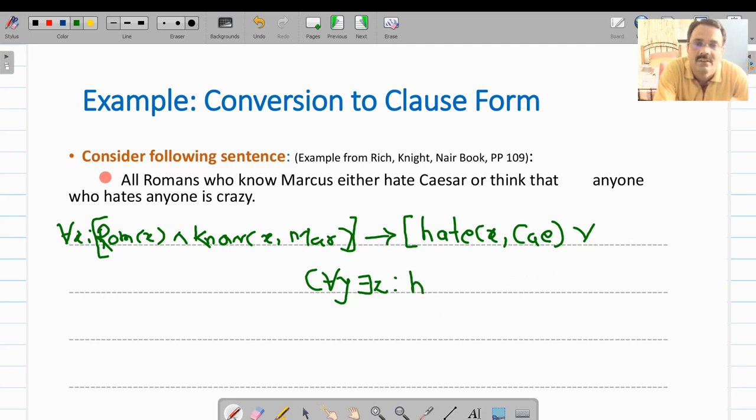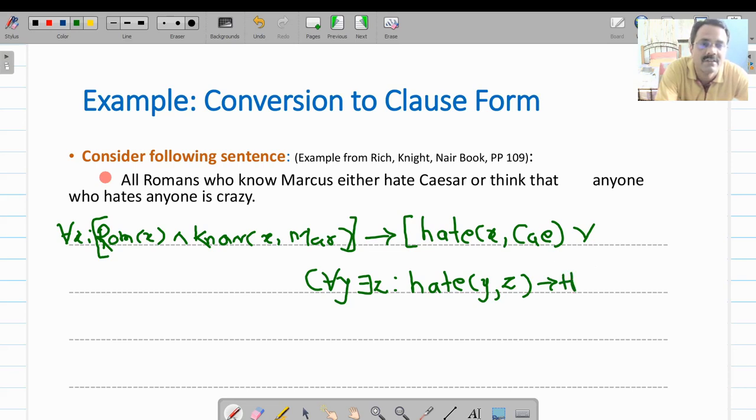So hate: the first anyone is the universal quantifier, that is y, who hates anyone. The second one is specific, so existential, that is z, implies or think that anyone who hates anyone is crazy. Therefore, for all y there exists some z such that if y hates z, that implies x thinks that y is crazy.